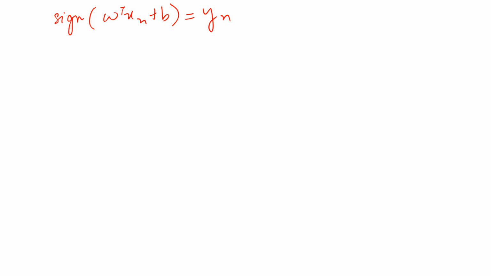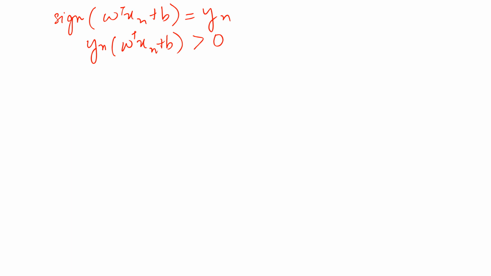Now we can utilize both the left hand side and the right hand side, update this equation, and still get the same information by writing something like this: yn times W transpose xn plus b is greater than 0. Let's examine this equation. What is it telling me?